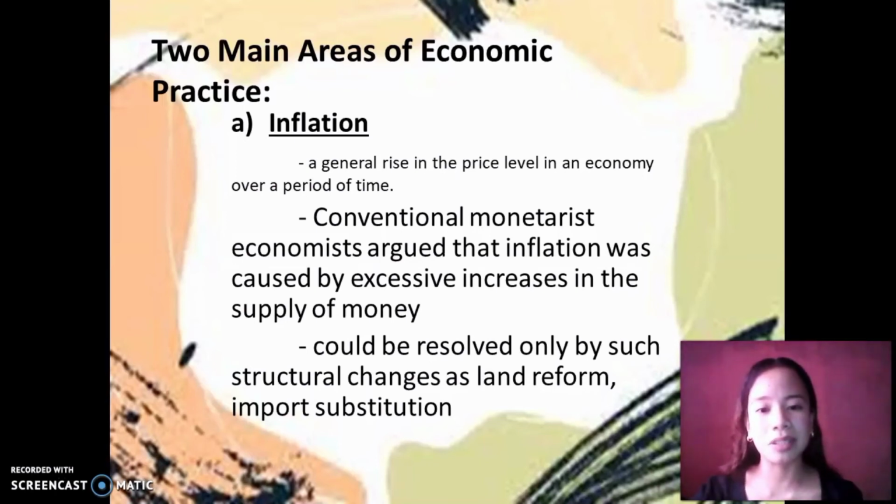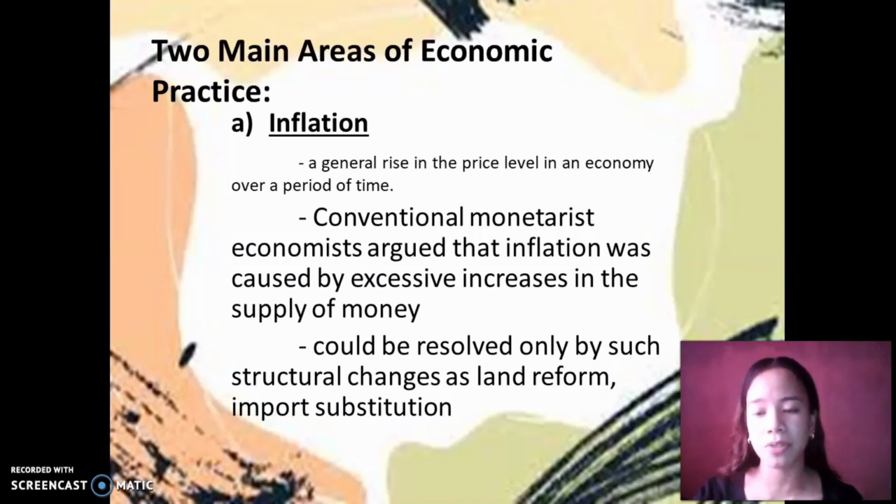So it could be resolved only by such structural changes as land reform and import substitution. Pero import substitution is just like becoming dependent on your own manufacturers rather than foreign manufacturers.